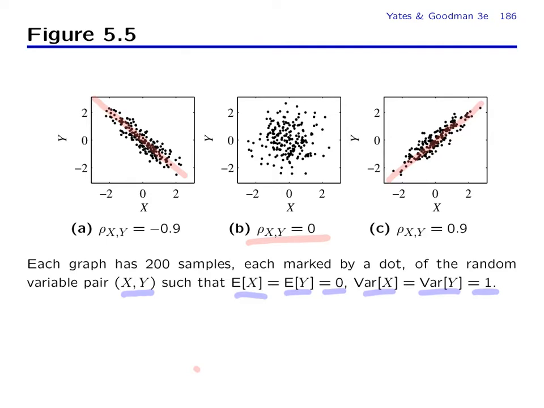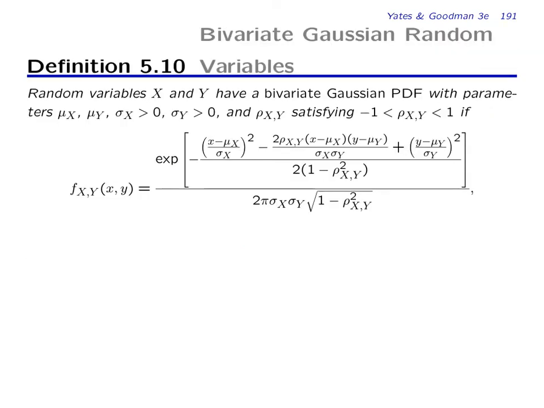In fact, I used a very specific distribution on the xy pairs to do this. It's perhaps the most important distribution on xy pairs that are correlated. So those xy pairs in the last figure were generated using a bivariate Gaussian PDF.